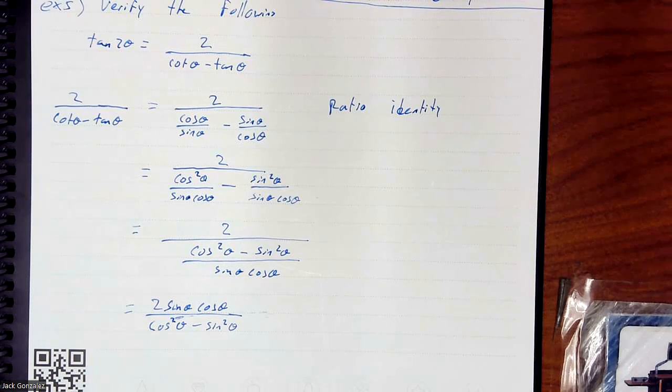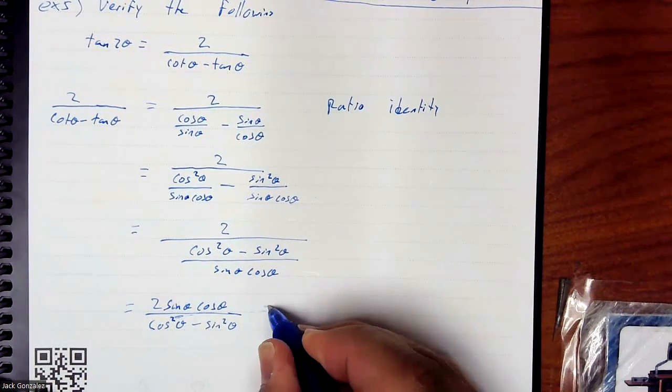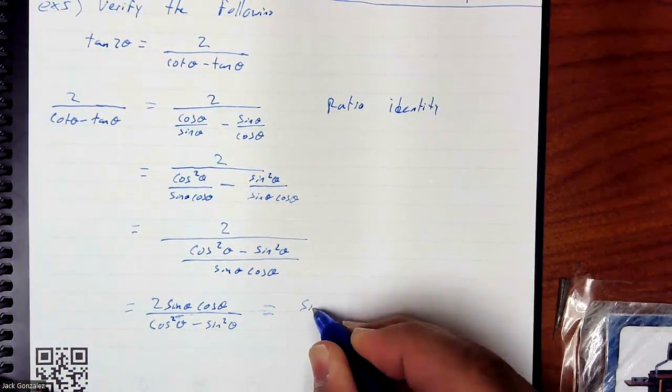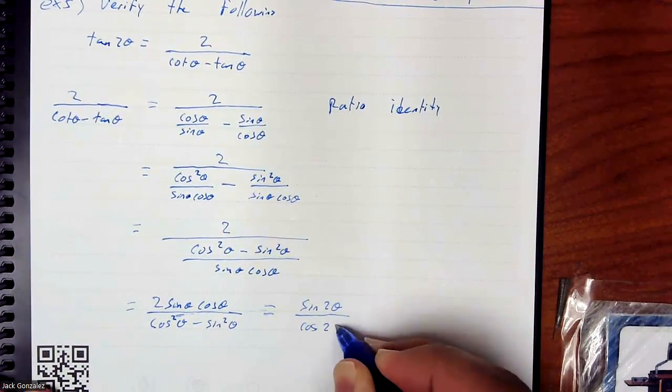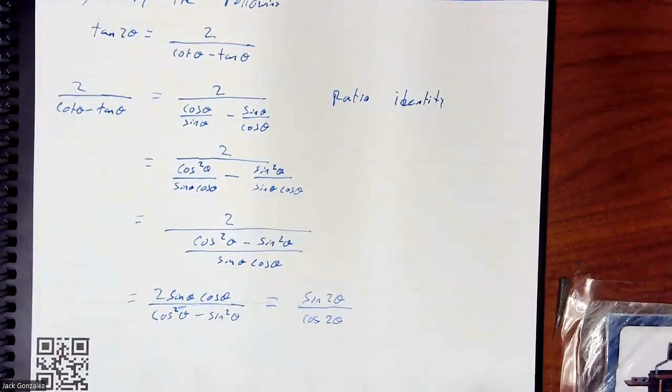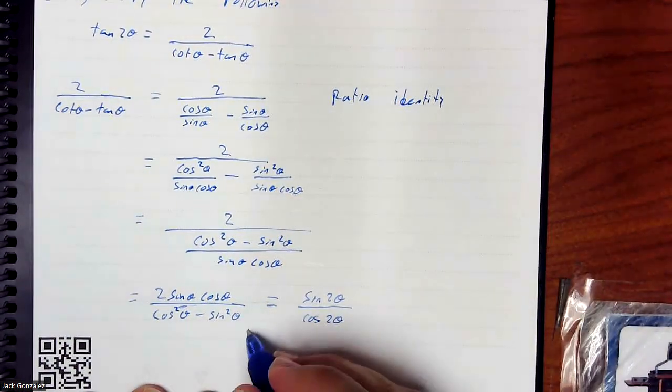What formula is at the top? Yeah, that's the sine double angle, right? What's on the bottom? Cosine double angle. Yeah, so right here, we have sine 2 theta over cosine 2 theta, using a double angle.